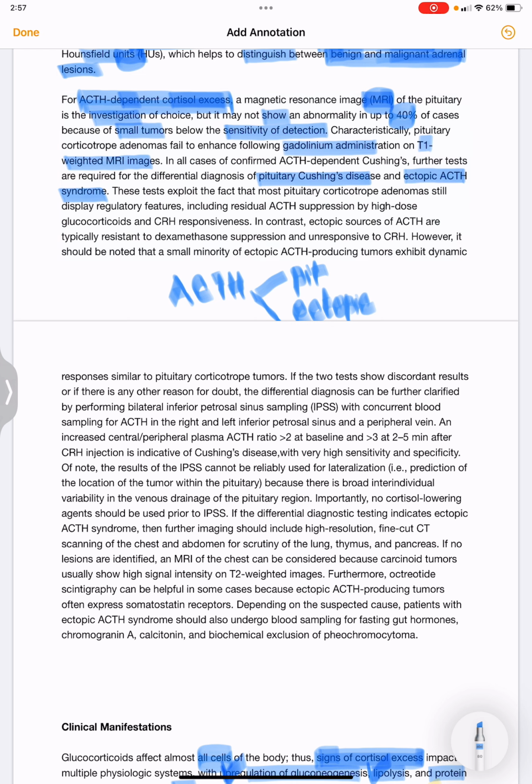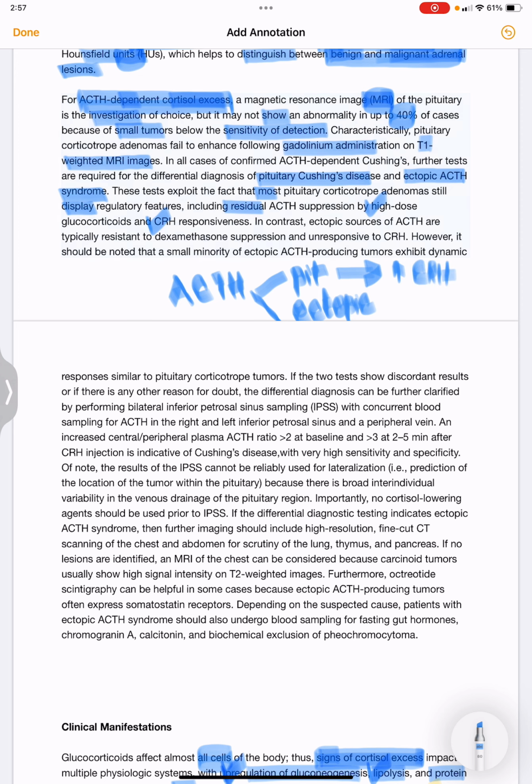These tests exploit the fact that most pituitary corticotrope adenomas still display regulatory features, including residual ACTH suppression by high-dose glucocorticoids and CRH responsiveness. So what does this pituitary tumor cause? If excess glucocorticoids are given, they will cause ACTH suppression, and these tumors also show CRH responsiveness.